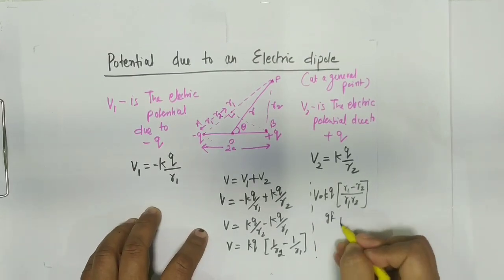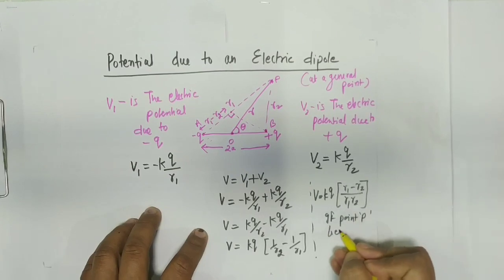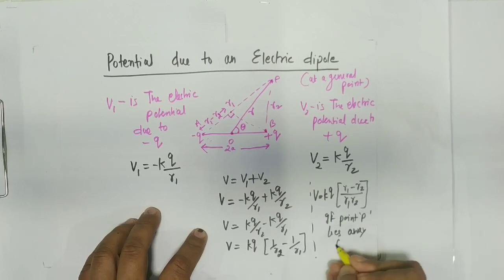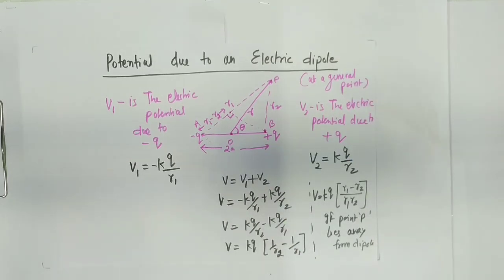If point P lies far away from the dipole, do you know what happens in that condition?